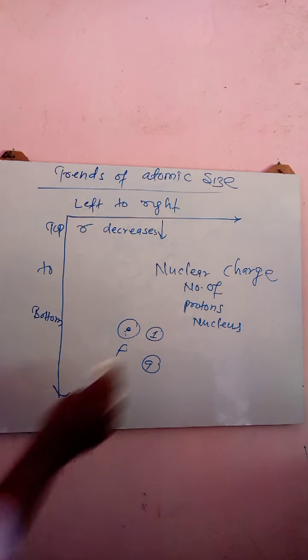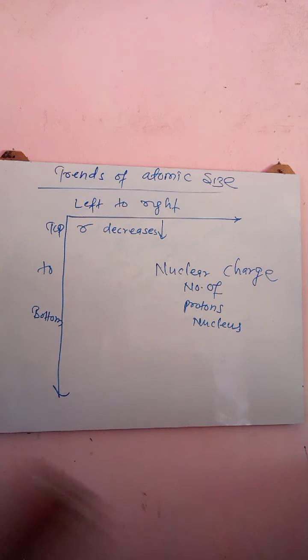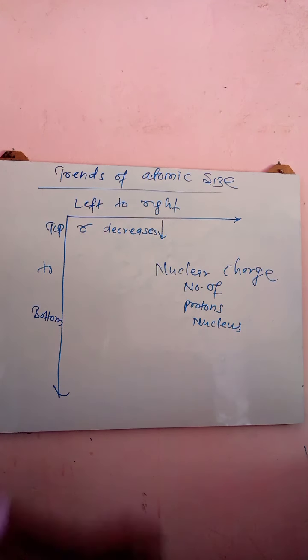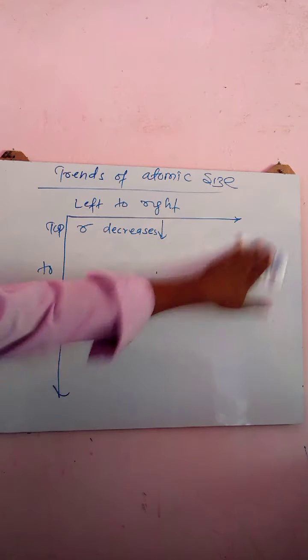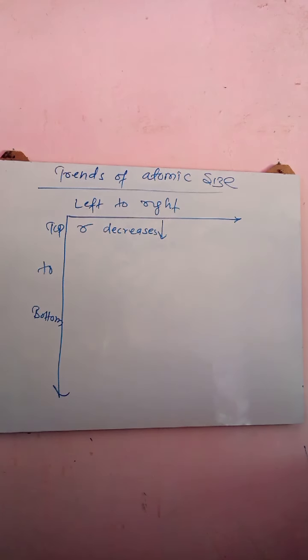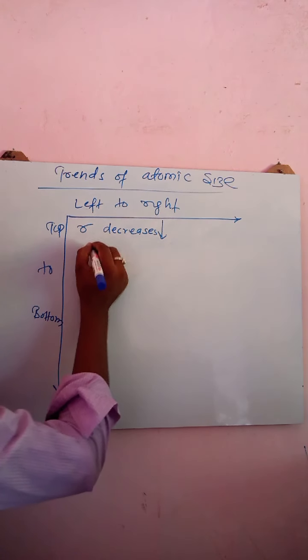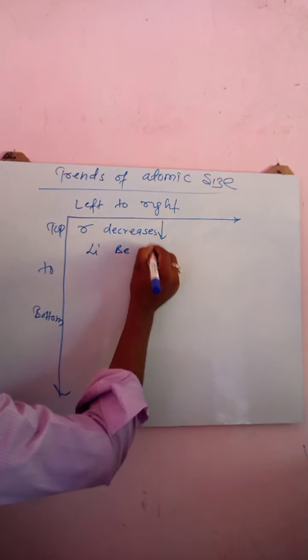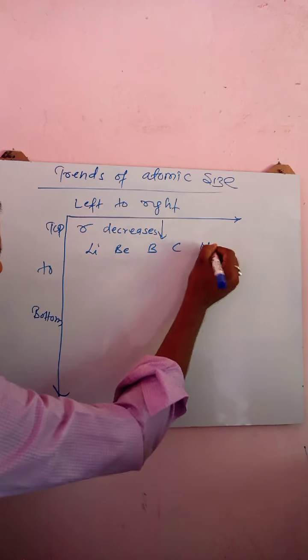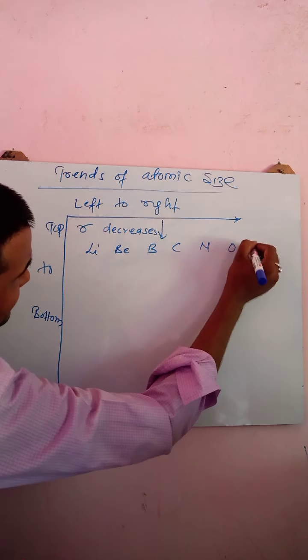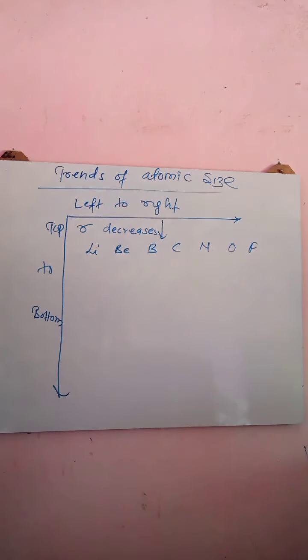Now come to the trend of atomic size. When we move left to right in the periodic table, the number of protons increases because atomic number increases. Let us consider period number 2. Lithium, beryllium, boron, carbon, nitrogen, oxygen, fluorine and neon.